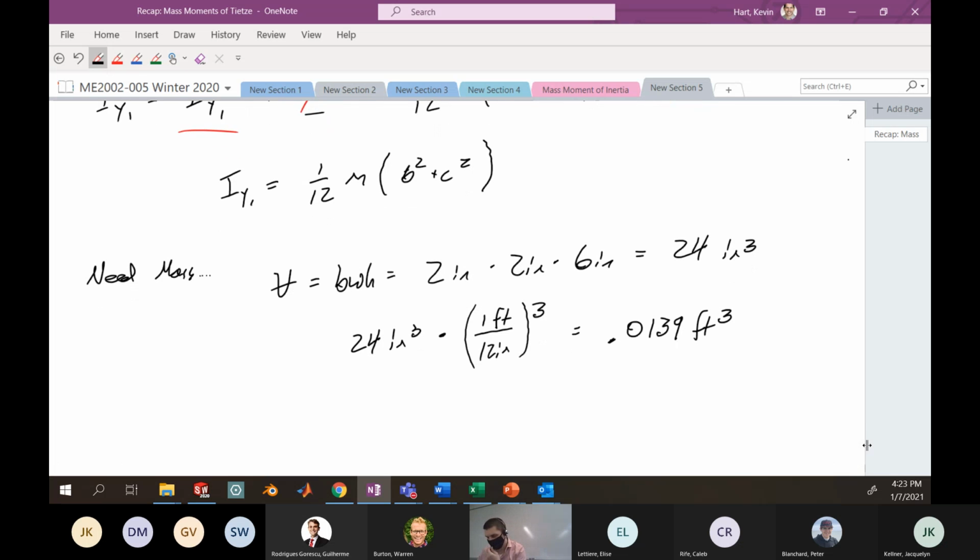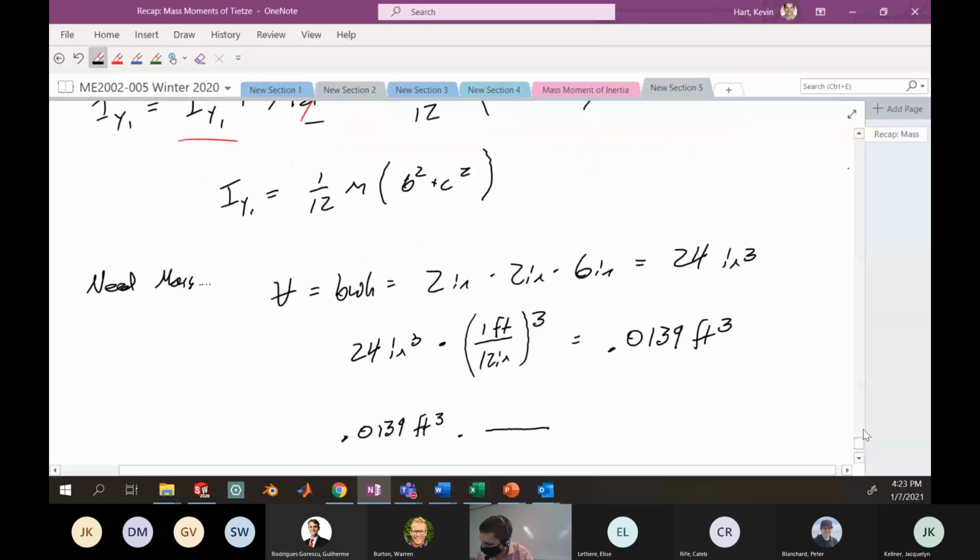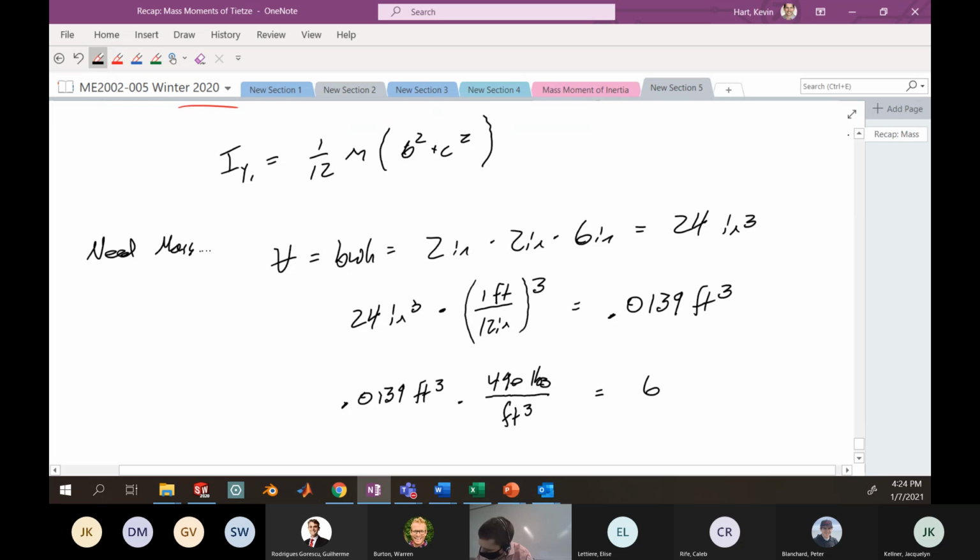Right, now I can convert to weight using the conversion that I was given in the problem, all the way back up here: it's 490 pounds per cubic foot. And that gives me something like 6.81 pounds, which is unfortunately not a mass unit.